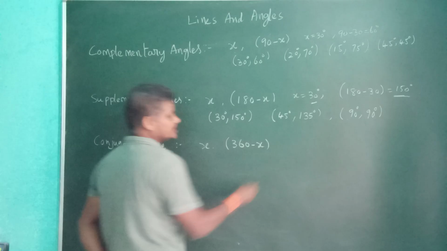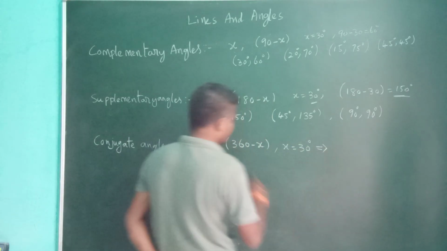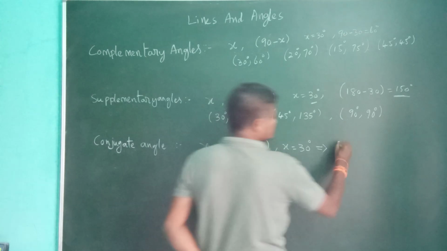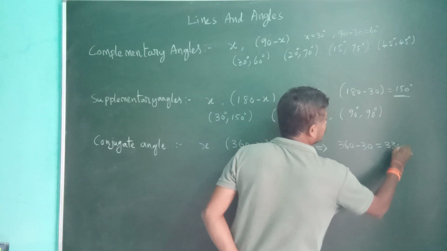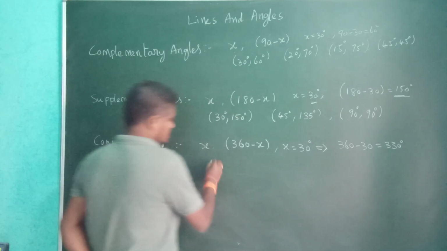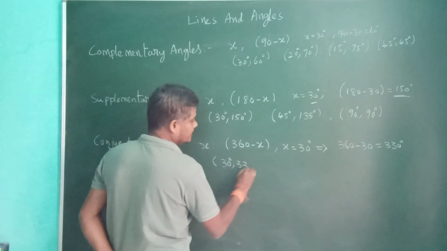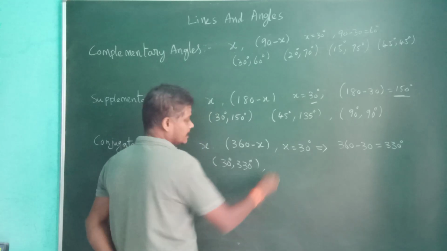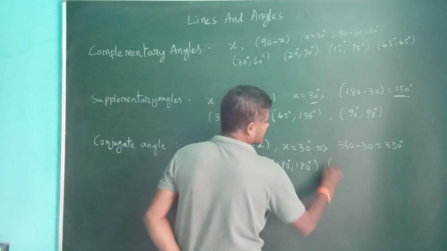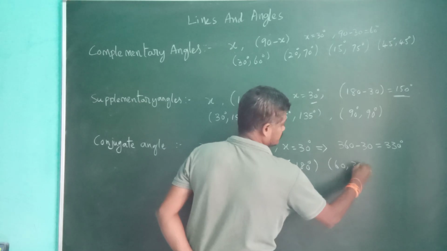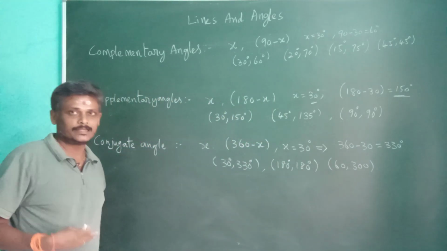Suppose x is equal to 30 degree, its conjugate angle is given by 360 minus 30, that is equal to 330 degree. So the conjugate angle of 30 degree is 330. Similarly, conjugate angle of 180 degree is 180. Conjugate angle of 60 degree is 300. So it should form 360 degree.